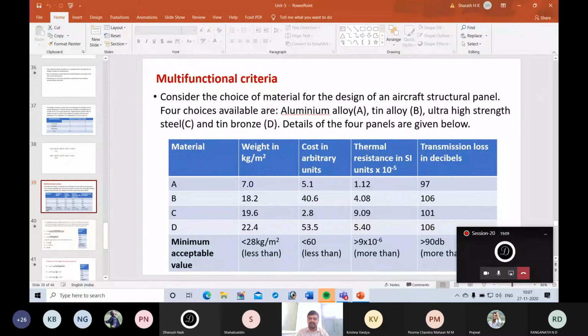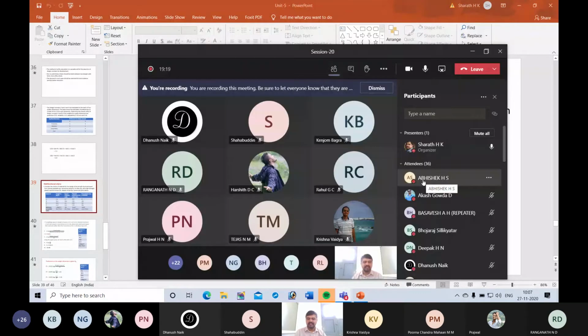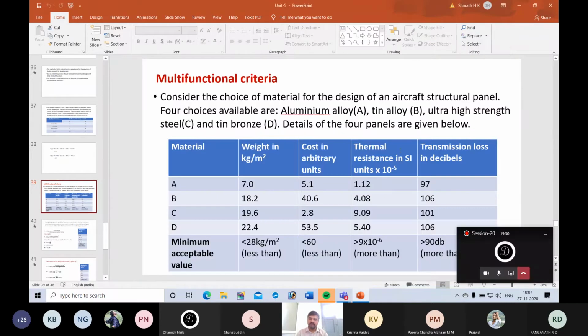Next, you also have to consider the thermal resistance, and for that also they have given values. A material should be more thermal resistant, that means it can withstand heat, so the desirable one has more thermal resistance.